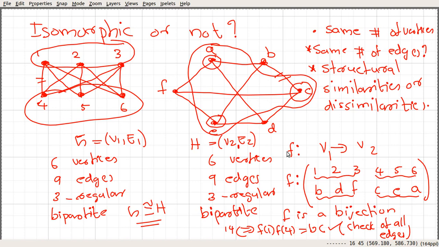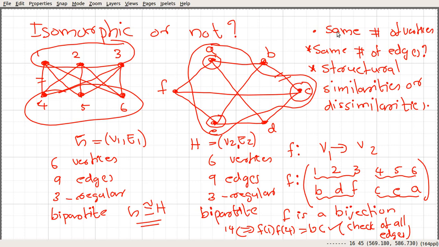So here we are able to come up with a map, and we are able to prove that it's a bijection and it preserves adjacency. Then these two graphs are isomorphic. Anyway, this is how we show that two graphs are isomorphic.